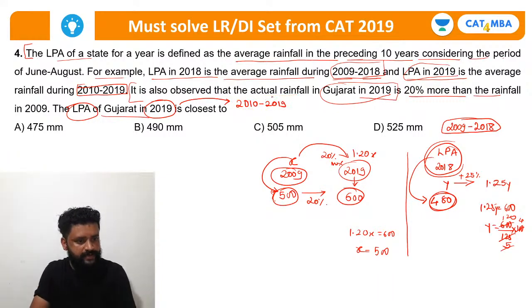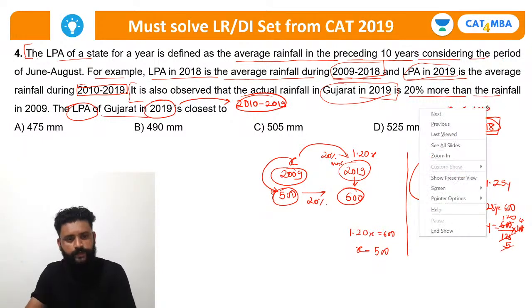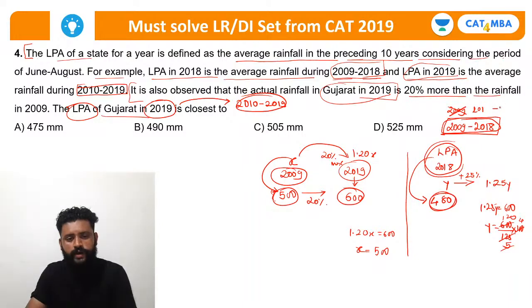So we can subtract, 2019 का तो हमें पता है, actually it is 600. So whatever the addition we have got for 2009 to 18, उसमें से 2009 gone, and instead of that we start from 2010 and we take one more year, that is 2019.